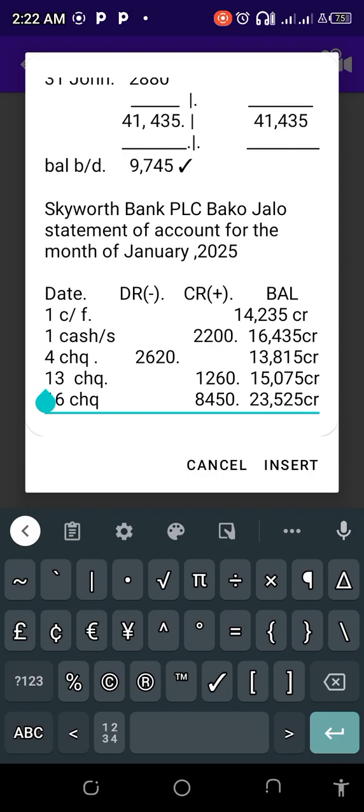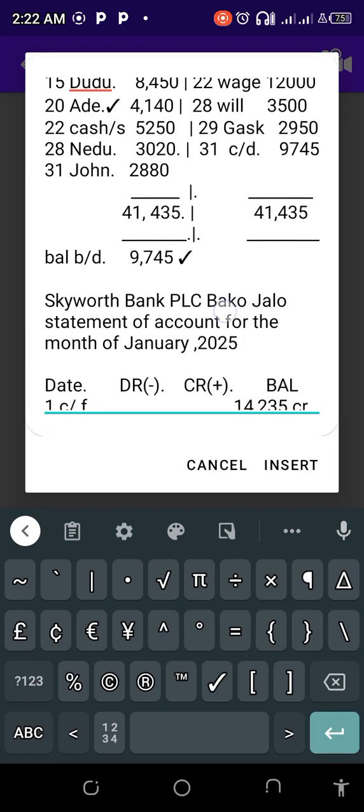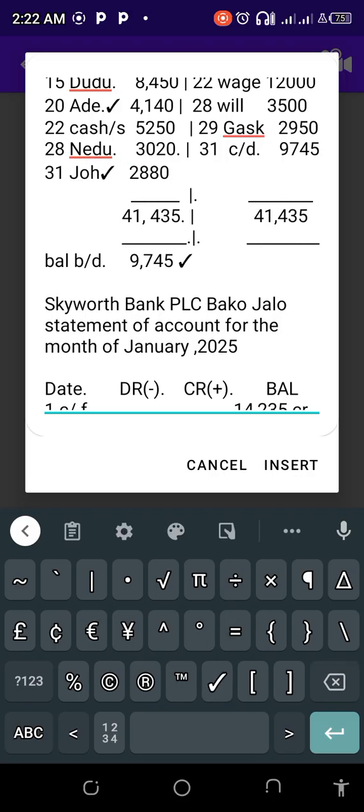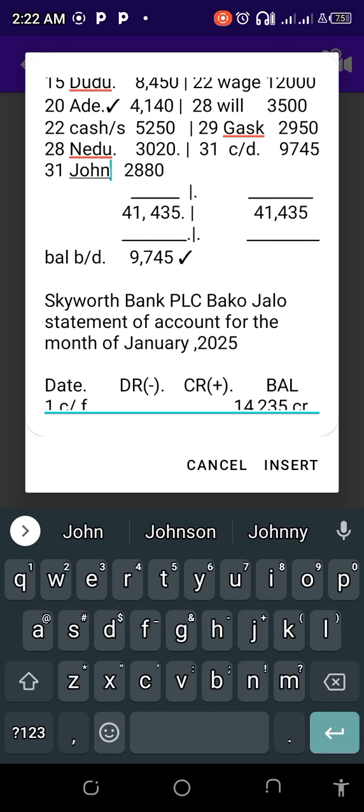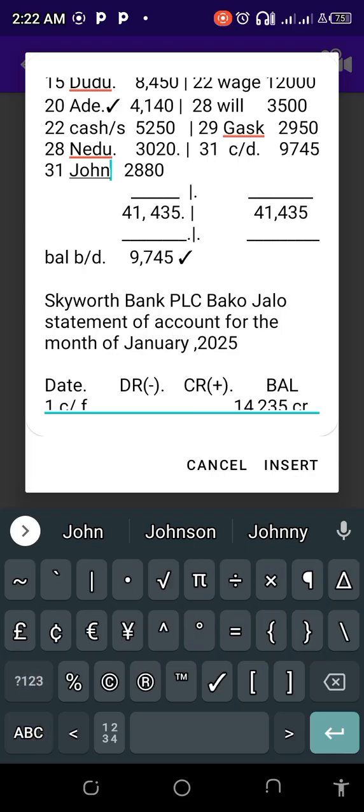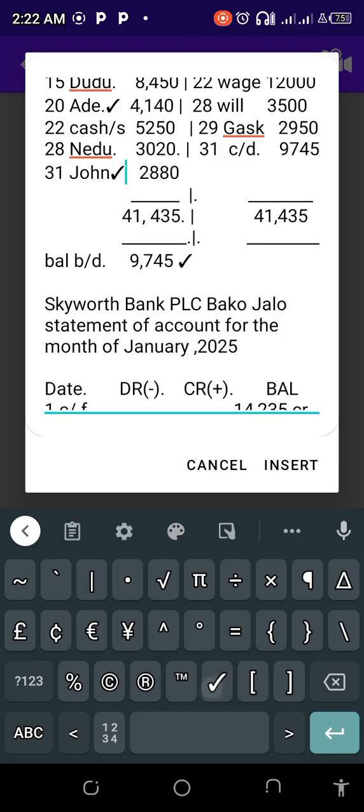John lodged a check on the 31st, and the check has not been credited. So we mark it as the second uncredited check.